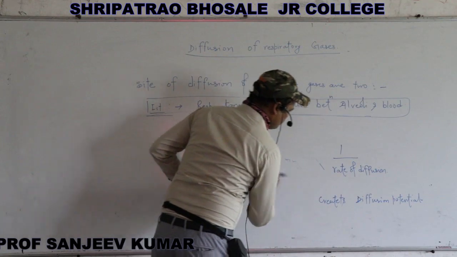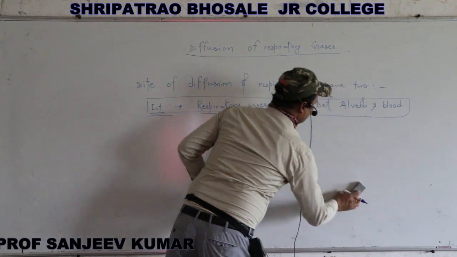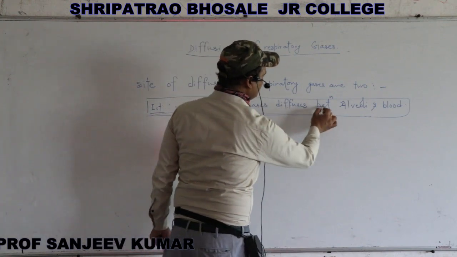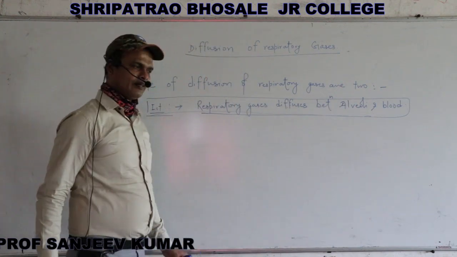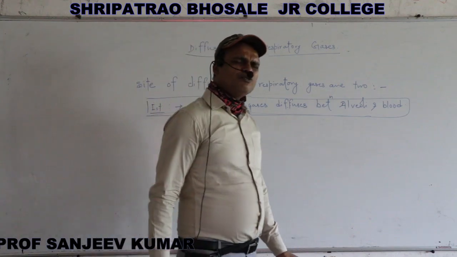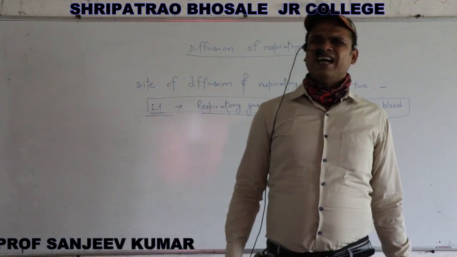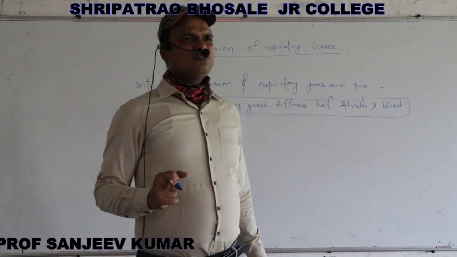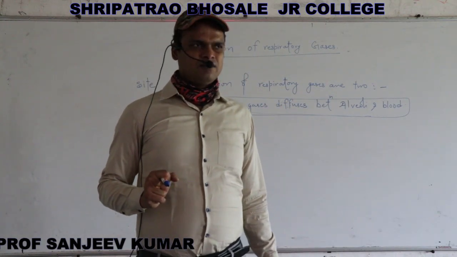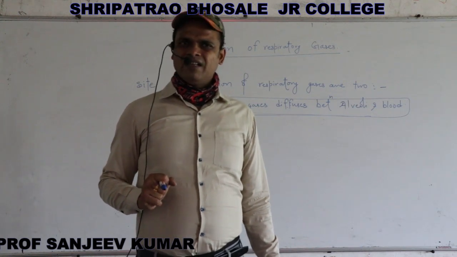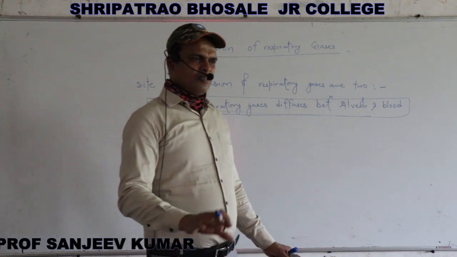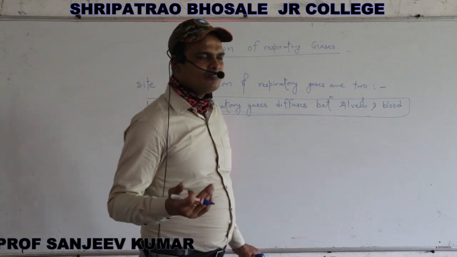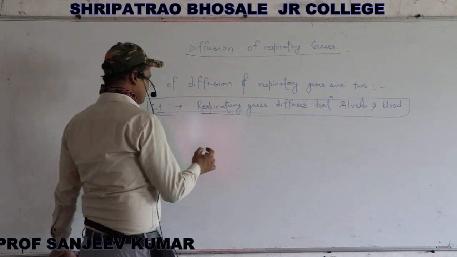Now, the most important discussion is the diffusion of respiratory gases between alveoli and blood. So, what are the two important resistances that you think stop or decrease, or facilitate, the rate of diffusion?